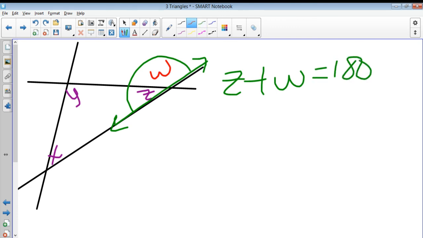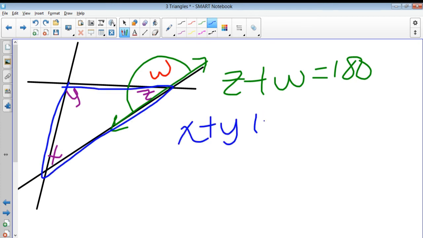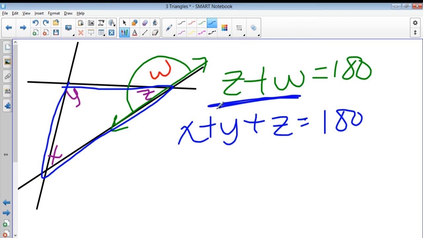We also have our beautiful triangle, this guy right here. So what do we know? x plus y plus z equals 180. There it is again, right? This guy equals 180 and this guy equals 180. So that must mean that they are equal to each other.